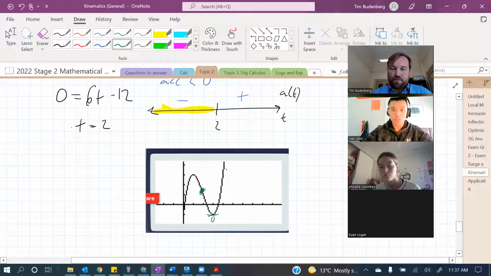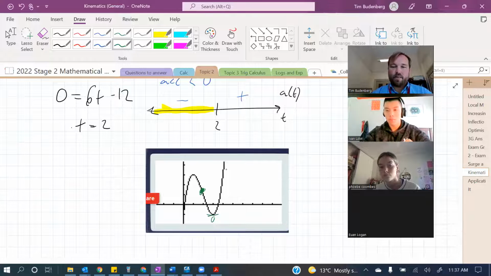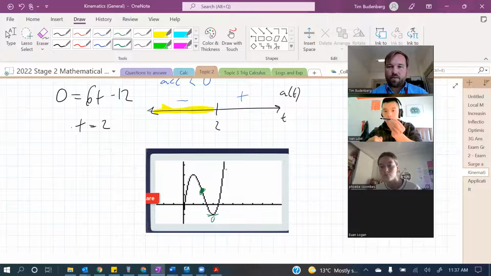So imagine this pencil is going to the right, and then it suddenly stops at that point, the velocity is 0. But then, acceleration is not 0. And then you move in the opposite direction, but it's still decelerating.